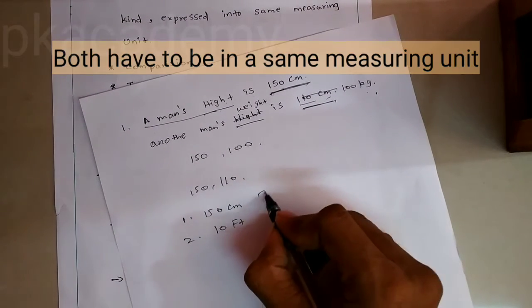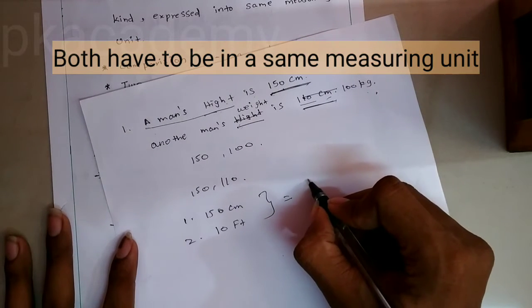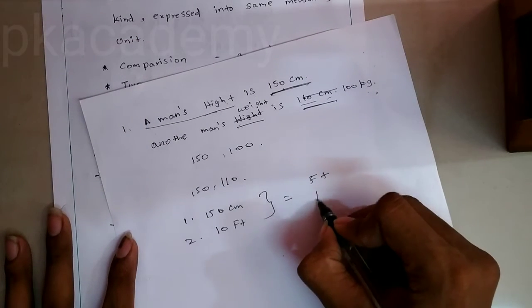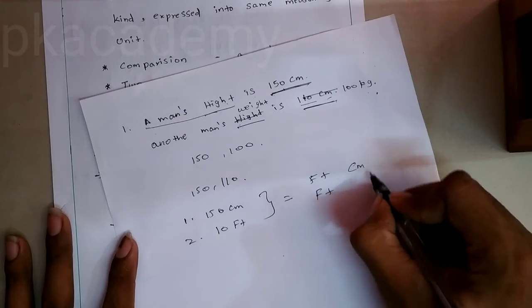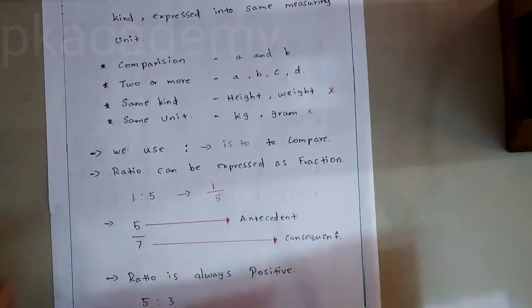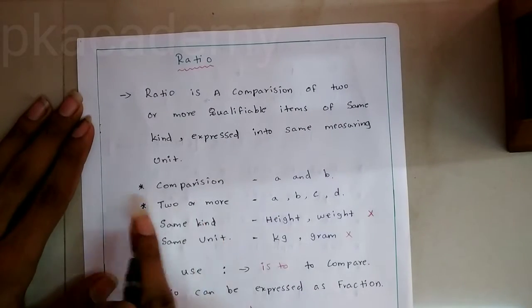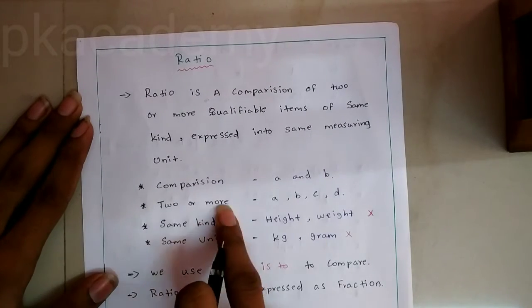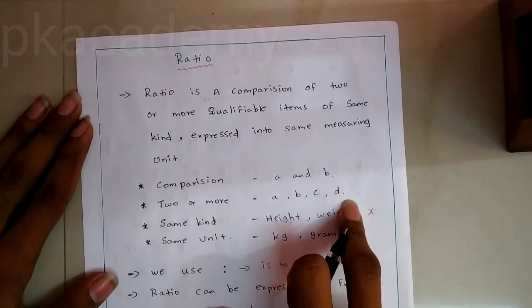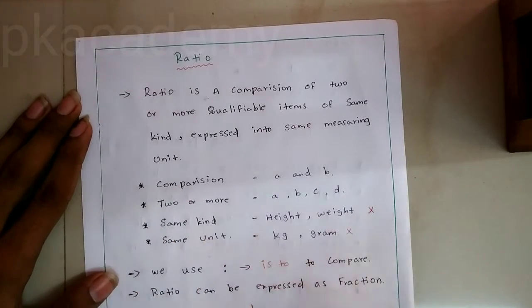They both have to be changed into feet or they both have to be changed into centimeter, then only we can compare. From this definition we came to know that ratio is a comparison between two or more quantifiable items. It must be of the same kind and in the same unit.